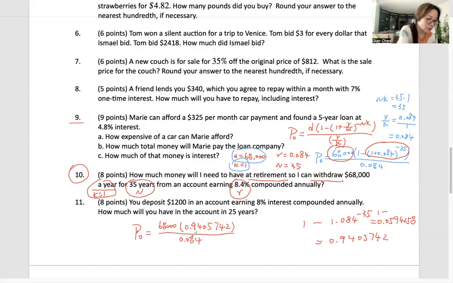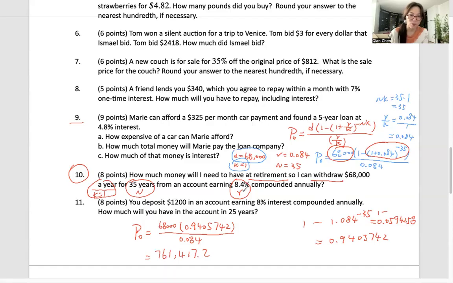Okay, so I multiply this number by 68 followed by 3 zeros, then I divide by 0.084. Wow, a huge number. So I get 761,417.2.